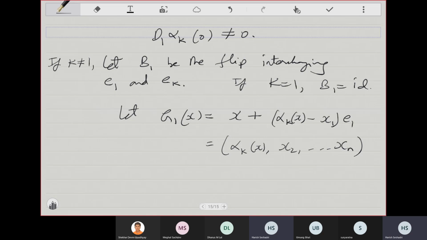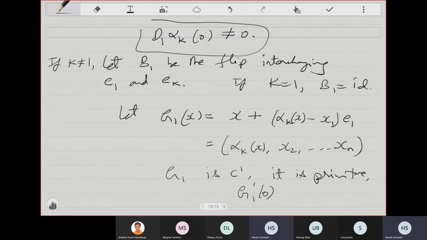Okay, so note that, of course, this is C1. G1 is C1. And it is primitive by definition. And what about its derivative, G1 prime 0? In fact, that was the whole point of choosing this condition.